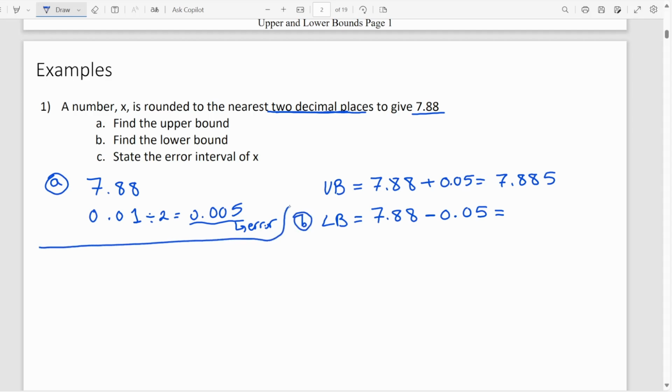So the top part is part A, and now we're dealing with part B. For finding the lower bound, it's the same error, so we just subtract it. And we get 7.875.